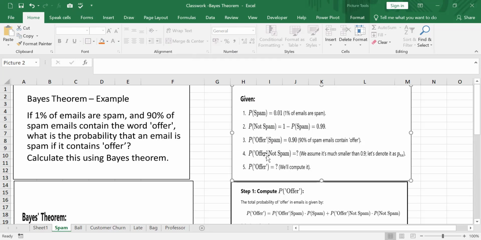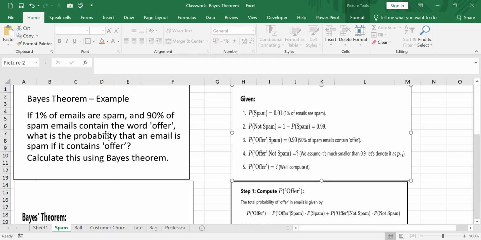Now, what is the probability of it not being a spam, if it is an offer? We do not know, so we have to assume some value. And we have to find out the probability of that mail being an offer.